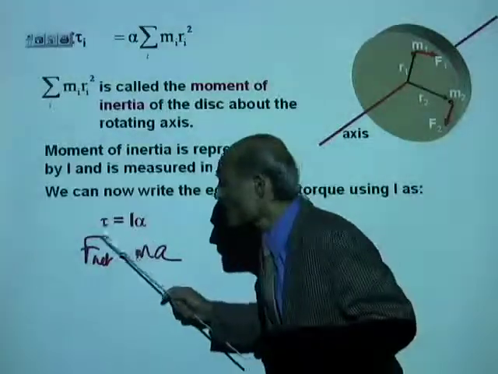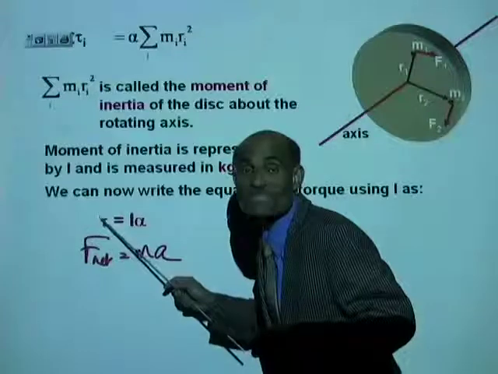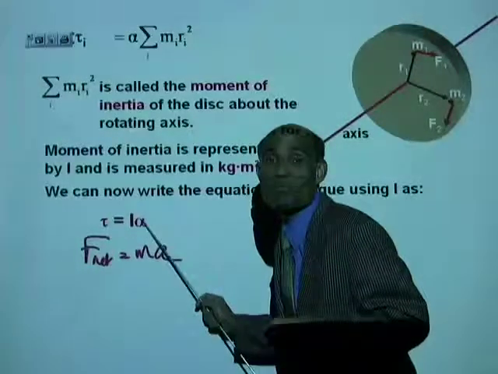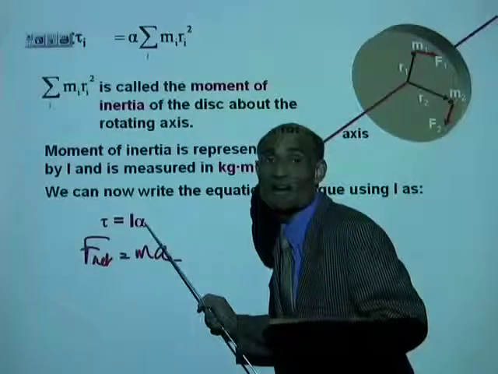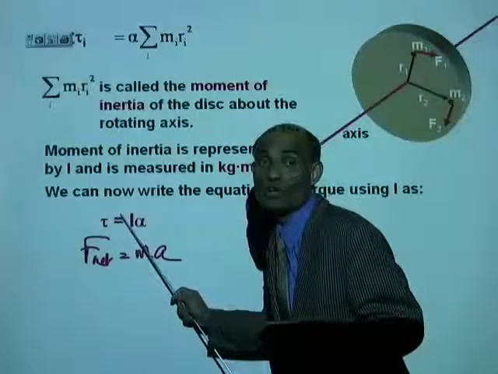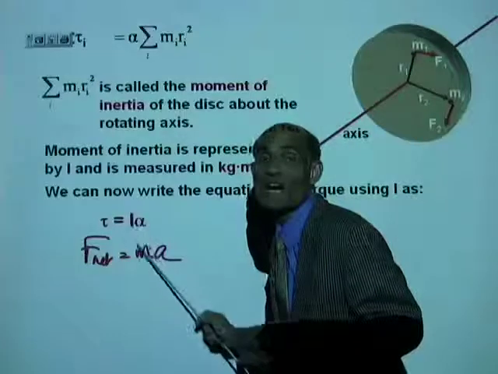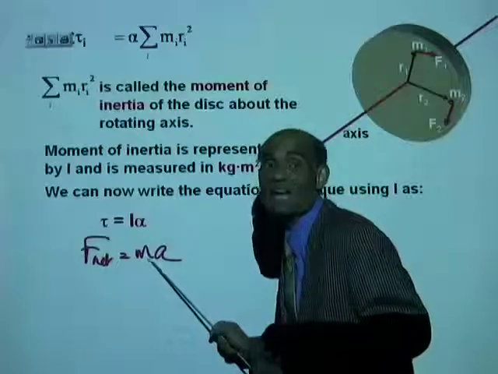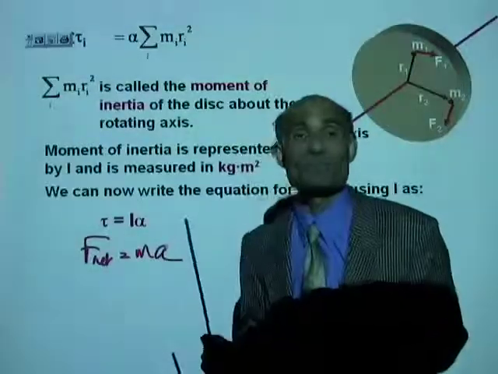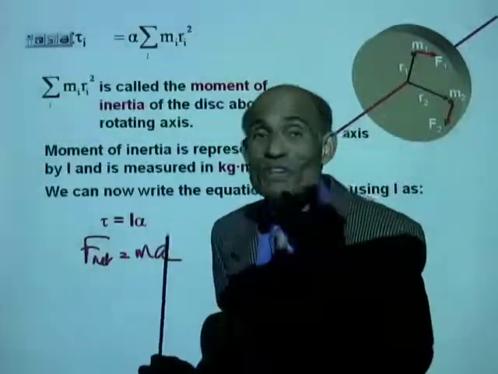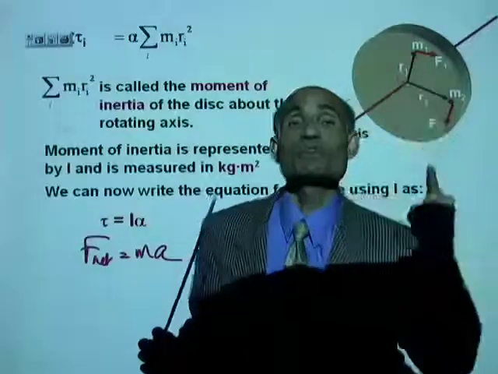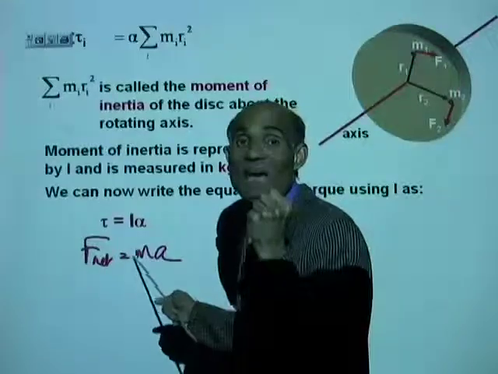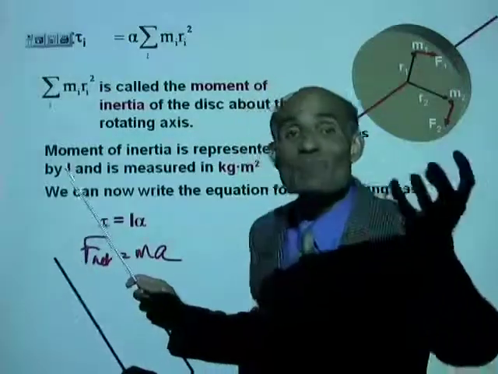Look at that. F net is replaced by tau net. Linear acceleration a is replaced by angular acceleration alpha. And therefore, the moment of inertia for rotation corresponds to mass in linear motion. You see that? The moment of inertia in rotational motion is a quantity that corresponds to mass in linear motion.